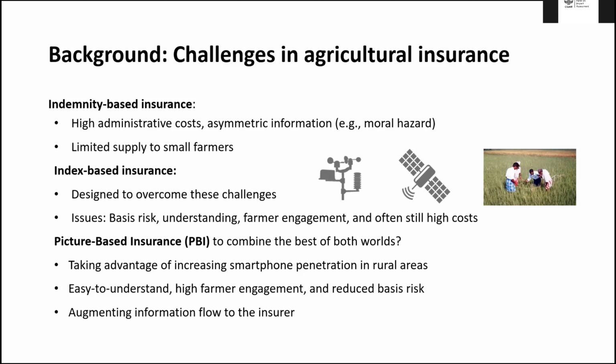The insurer, for instance, cannot monitor how much effort a farmer is putting into minimizing risk, and whether maybe a farmer is adopting unnecessarily risky practices. And insurance actually inducing farmers to adopt those risky practices is what is considered moral hazard.